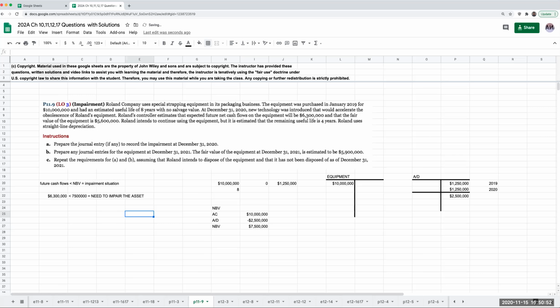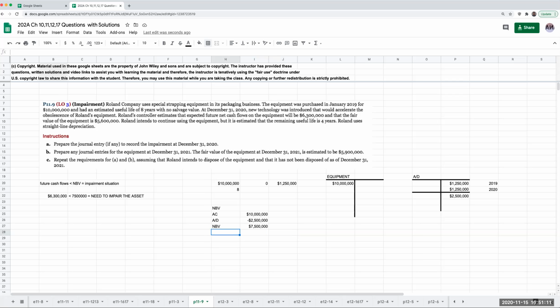When it comes to impairment, what I then have to do is say, controller, we're going to be continuing to use this. So what I then need to do is note that the net cash flows are 6 and the fair value is 5.6 million.